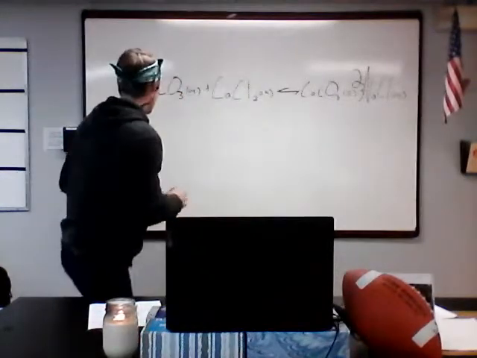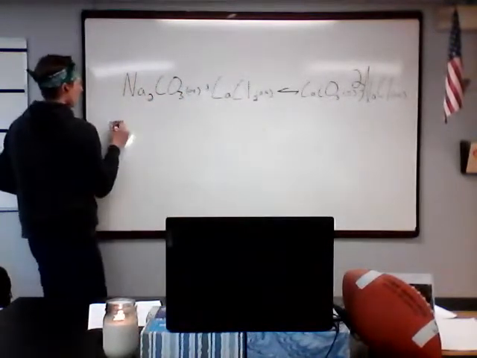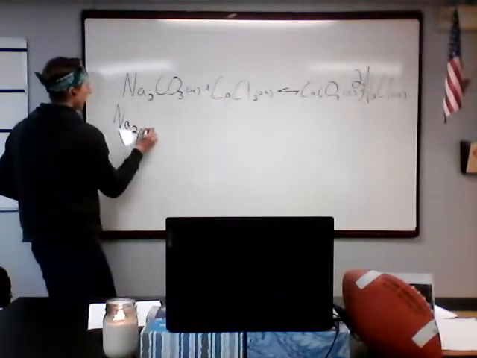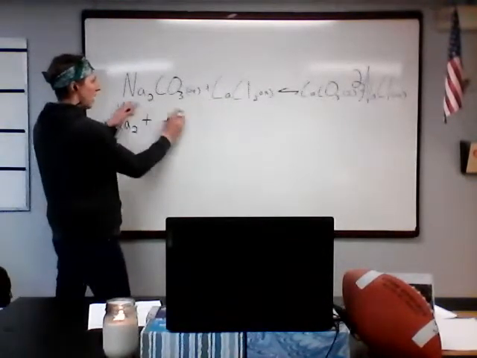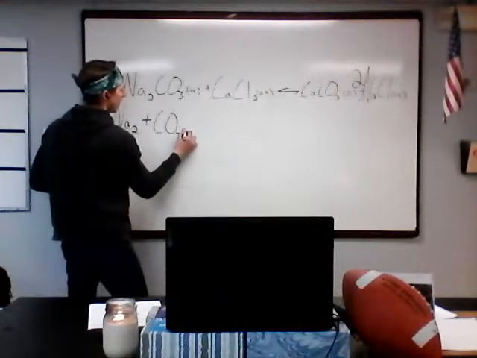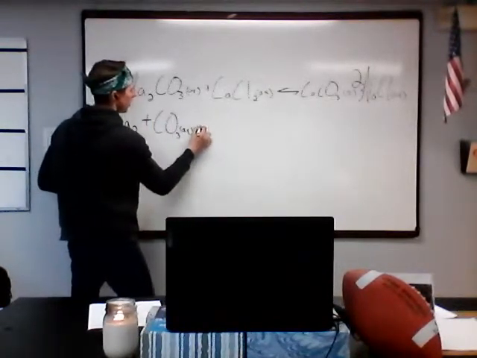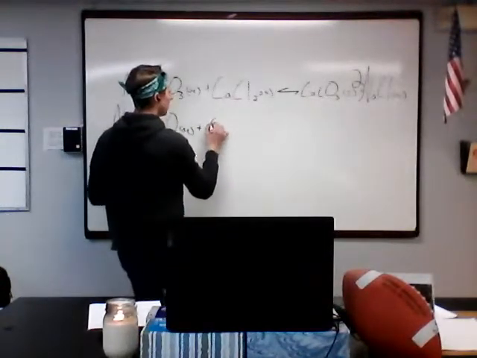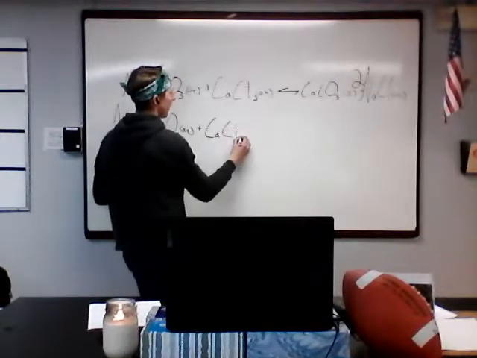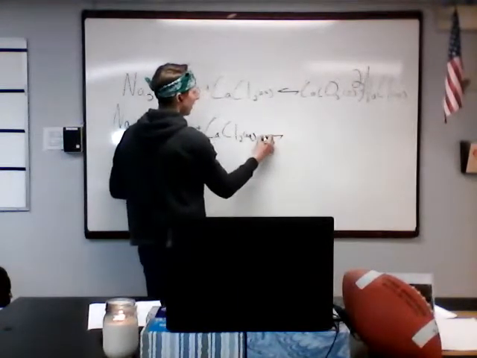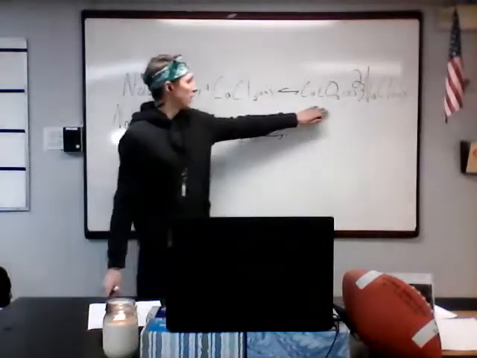So let's look at this real quick here. We have aqueous solutions. So we have Na2 plus, let's break this ion apart here, CO3, aqueous solution, plus our CaCl2, that's an aqueous solution as well. Then let's go over here for the solid.